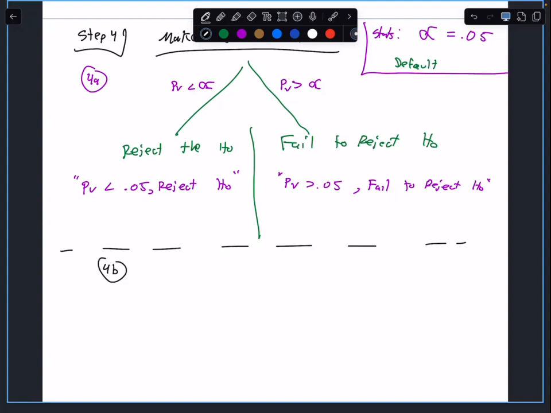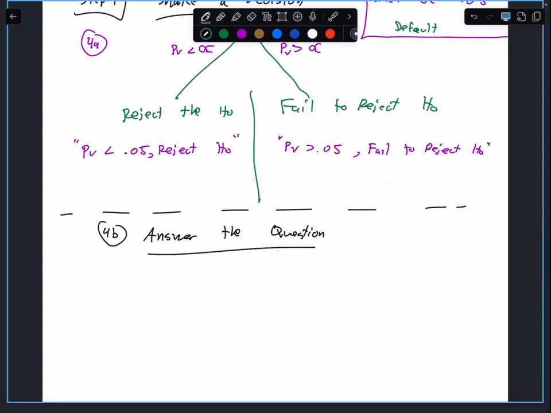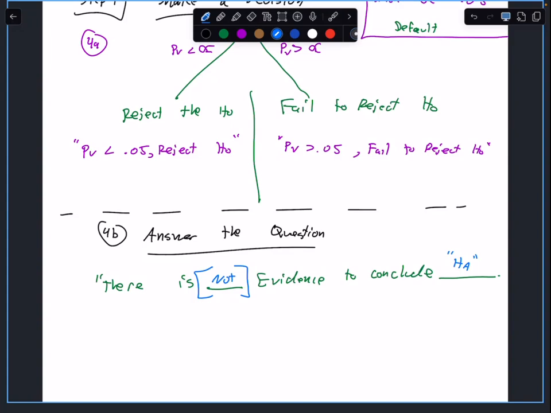4B, answer the question. There is blank evidence to conclude blank. And this is what the null alternative hypothesis, what we're trying to do. And I'm going to put a bracket over here because it might be the word not. There's either evidence or no evidence for us.